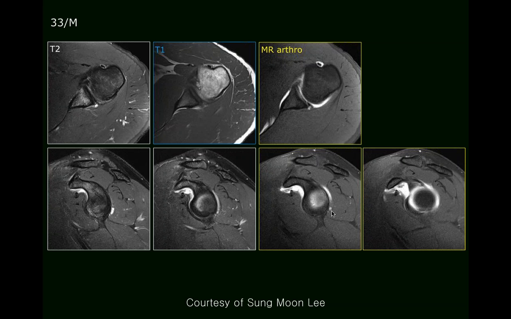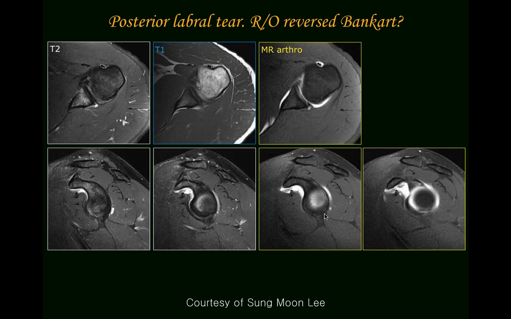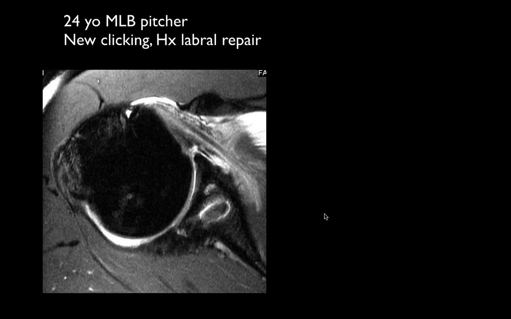Probably a little bit of paralabral cyst there, too. So we at least have a posterior labral tear. Just showing you a lot of different findings of these posterior inferior labral injuries, and I think it's good to see the spectrum of different findings rather than just one.